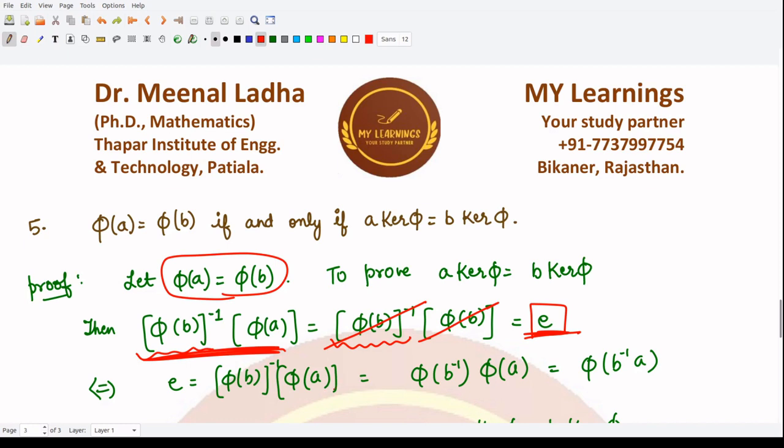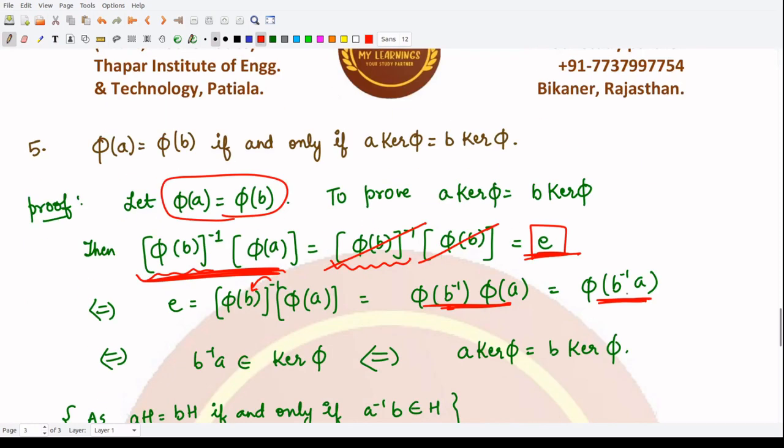It means that you can take this power inside, and then you can club up the elements, so it would be b inverse a. So from here you obtain phi of b inverse a is equal to e. So what does it mean? It means that this b inverse a would belong to the kernel of phi.